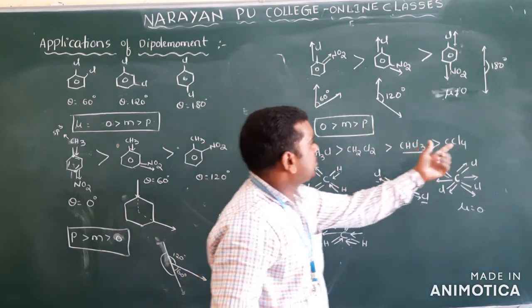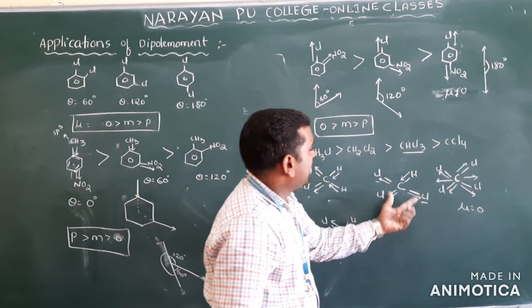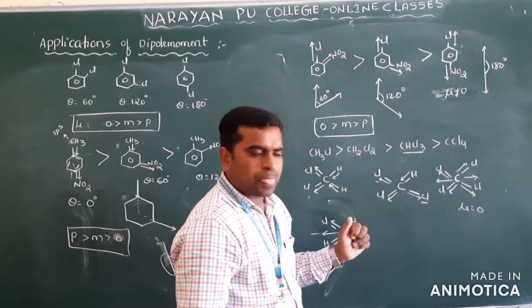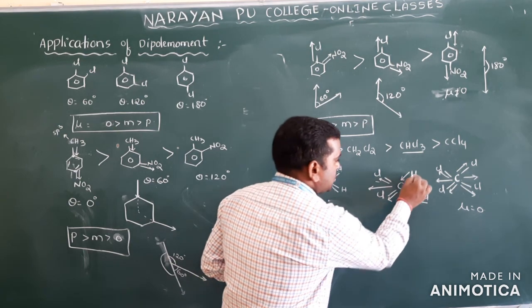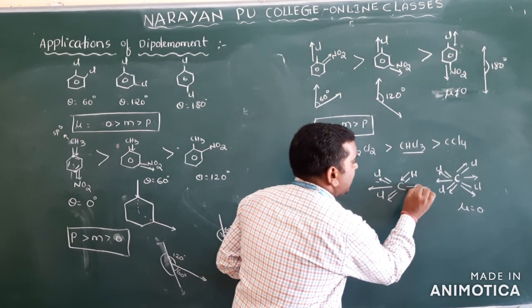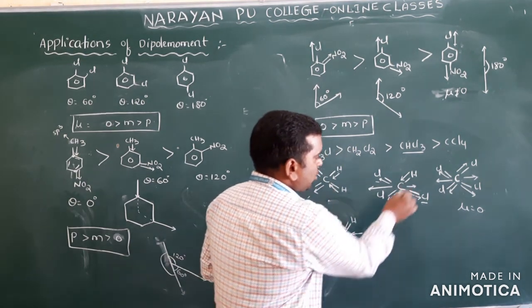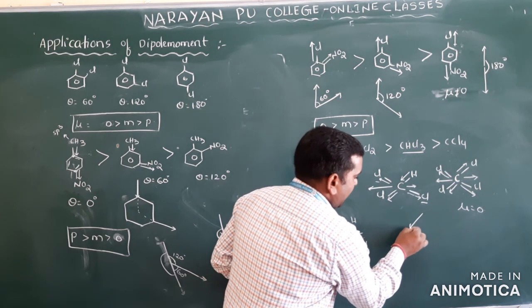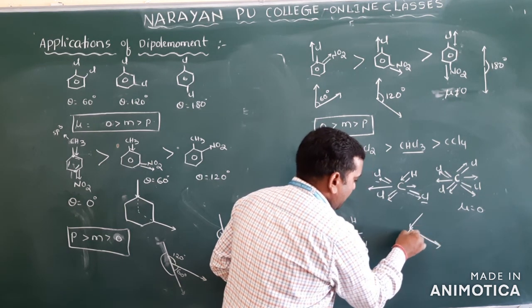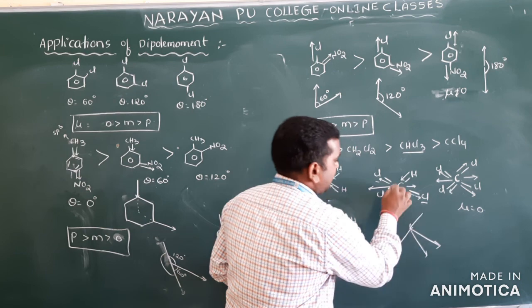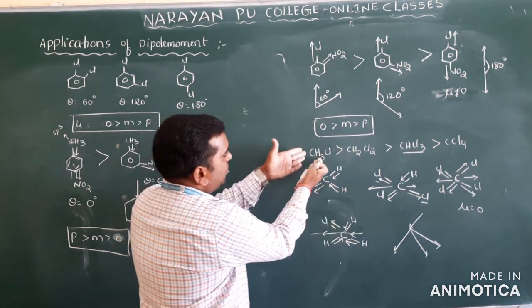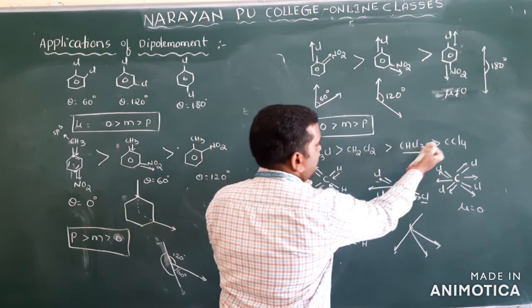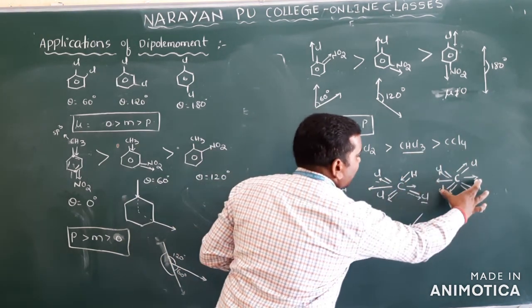Clear? If you know CCl4 is 0, then here you can simply see. Clear? So this dipole moment will be in this direction, and these two dipole moments are in this direction. Clear? So this is like this, and another one is like this. Means what will happen now? This is dipole moment in opposite direction. Clear? So like this. If you see for CH3Cl, CH2Cl2, CHCl3, CCl4, totally cancelled.